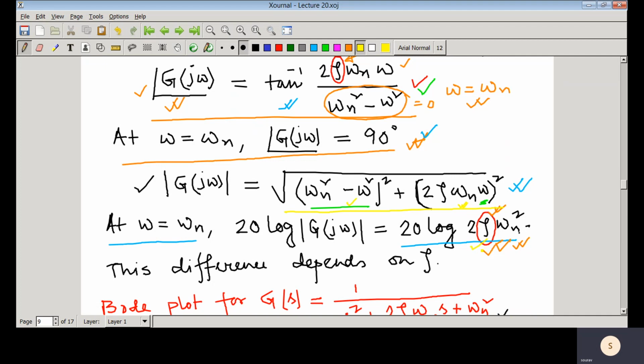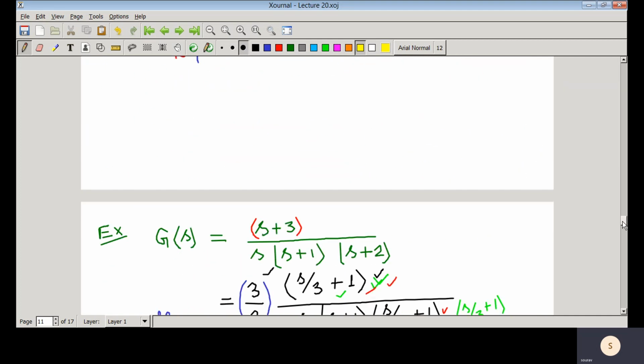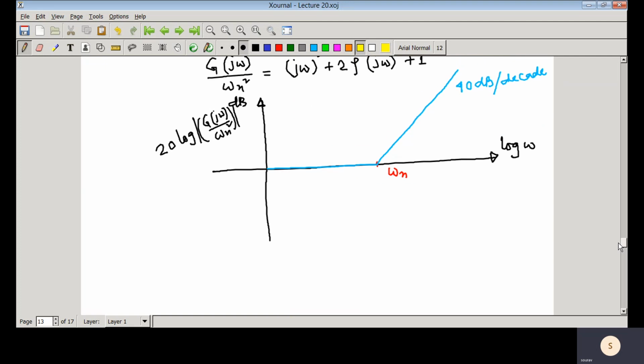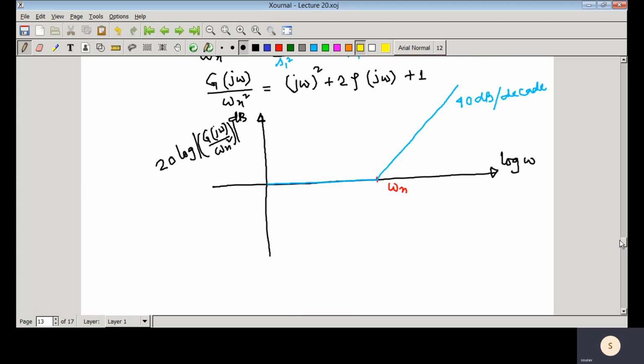That depends on that zeta value. And here, if we vary that zeta, that means if zeta is very small, okay, so the important thing here is omega by omega n.